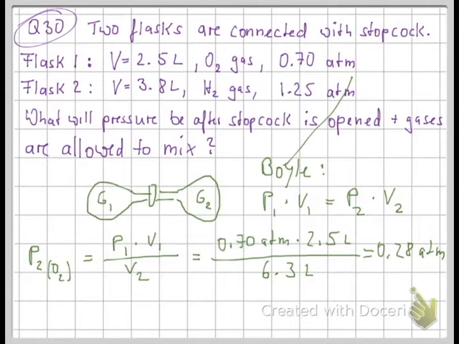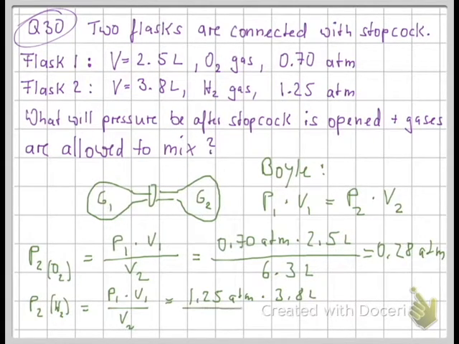Alright. So now P2 of the other gas in here, hydrogen. And if you put a light to a match, it will blow up, but that was not the question. So again, P1 times V1 over V2. The hydrogen had a pressure of 1.25 atmospheres, times the volume of 3.8 liters initially.